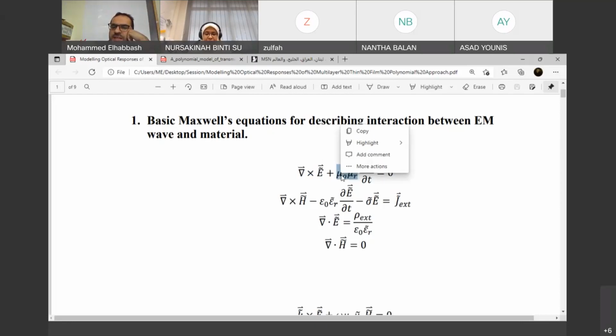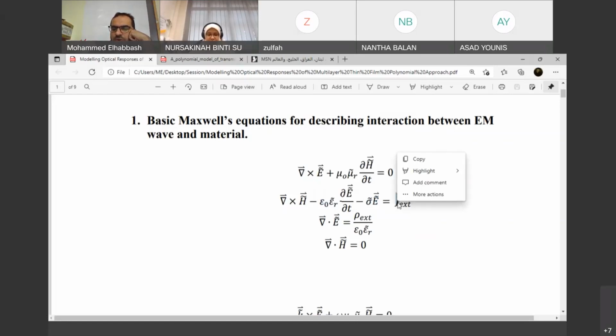This is the permeability of the vacuum in general. This is the relative permeability for the material, and this one is the magnetic field. Here we have the same thing, but with a new symbol, which is the permittivity, and this one is the relative permittivity for the material. Here is the conductivity for the material, and this is the current density for the current which passes through the material.